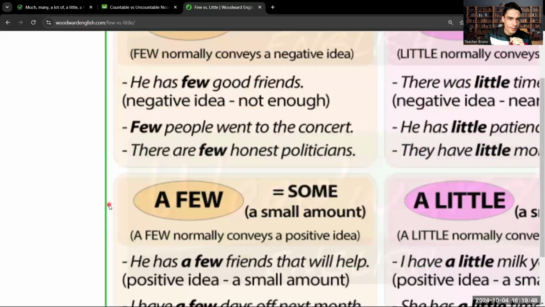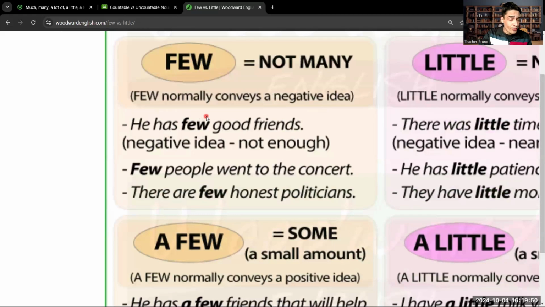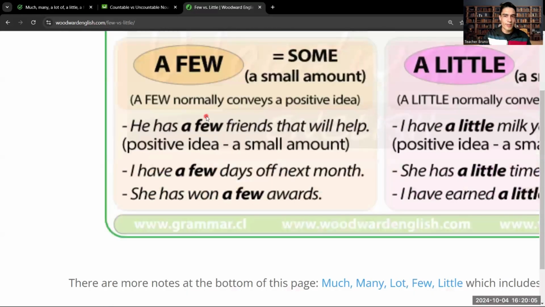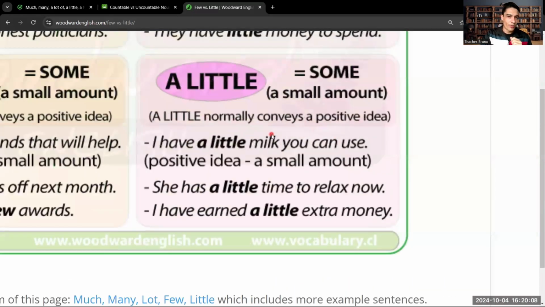On the other hand, he has few good friends. That's a negative idea. Few people went to the concert. That's not a good idea. No article, bad idea. Article, good idea. I have a little milk you can use. Well, it's not that much, but it's enough.